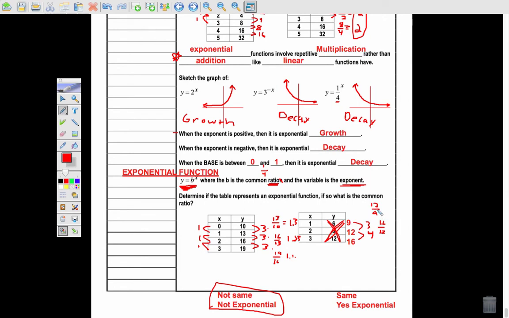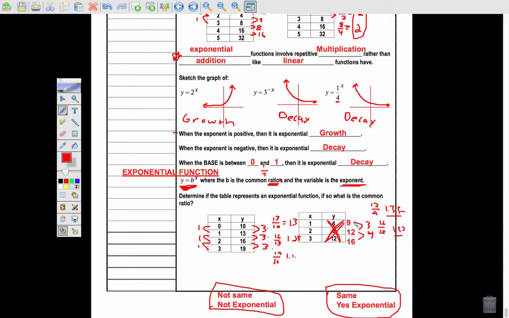If I do the division, I'll see that they're both 1.3 and some change, and 1.3 and some change. Okay, that's great. They're exactly the same. So if they're the same, then yes, this is an exponential function.